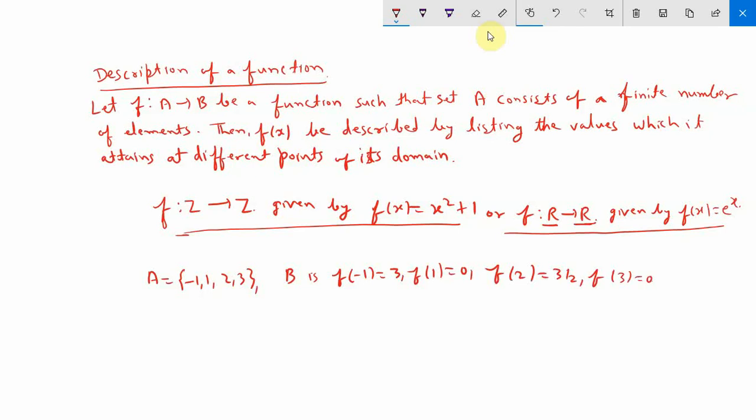Okay, so set B will have 3, 0, 3 by 2. So this is a finite set and the earlier ones have an infinite set of elements. Next we will discuss domain, codomain and range.